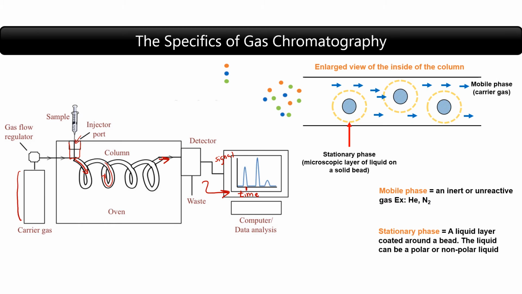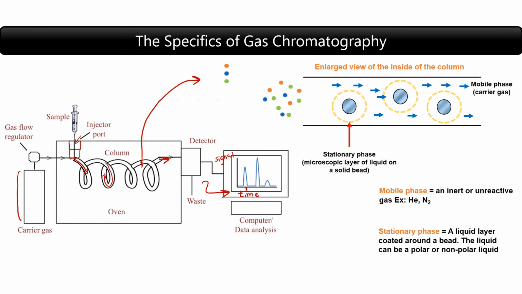Let's take a look at how the inside of the column is like. So we're basically going to look at a cross-section of the column. Here it looks like a thin tube, and it's packed with beads that are coated with a liquid.